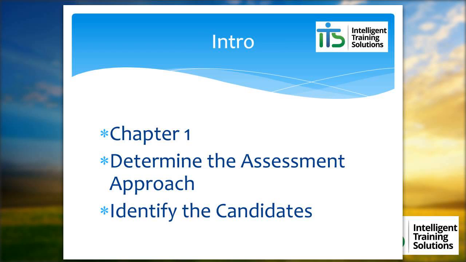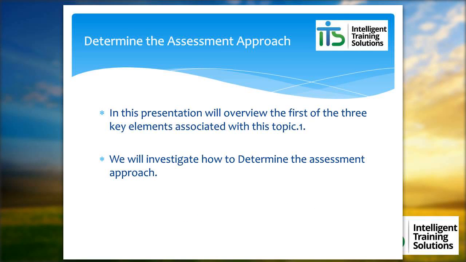So for chapter 1, we're going to look at how to determine the assessment approach and identify the candidates. In this presentation, we'll overview the first of 3 key elements associated with this topic. We'll investigate how to determine the assessment approach, which is what we're going to start off with right now.